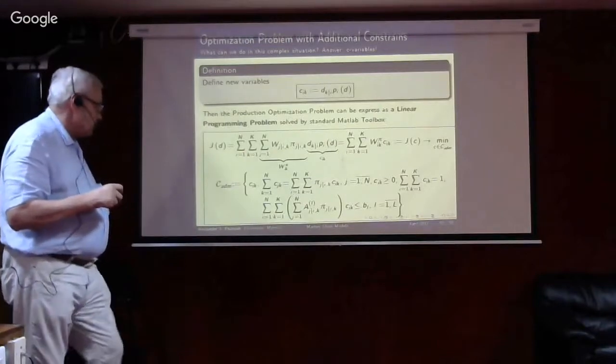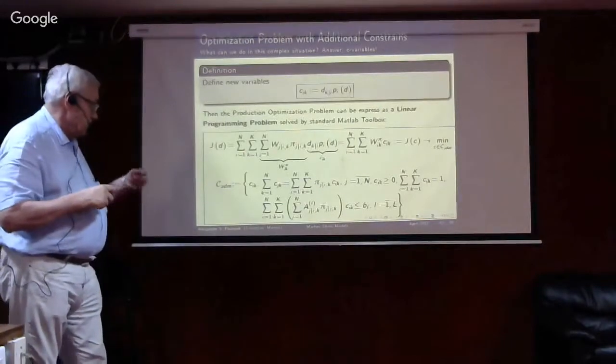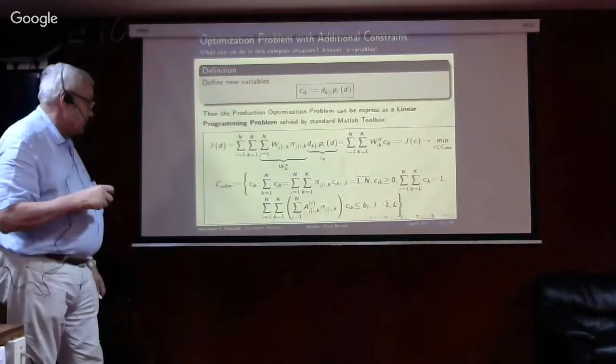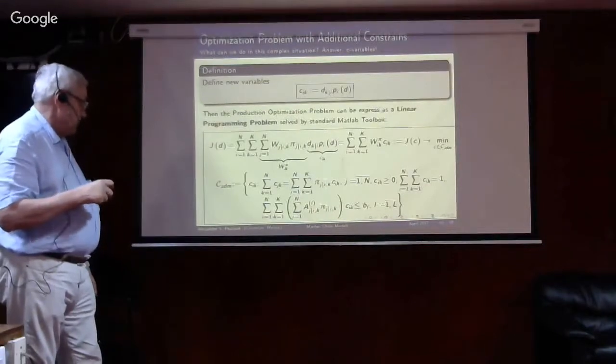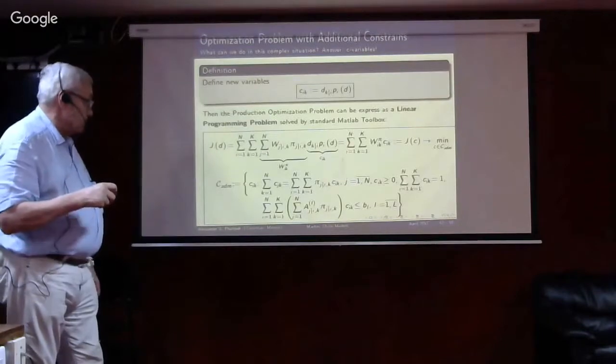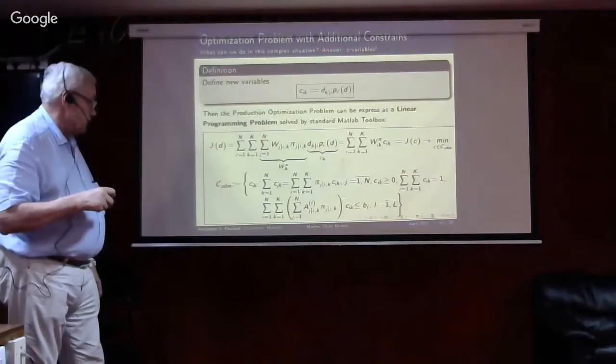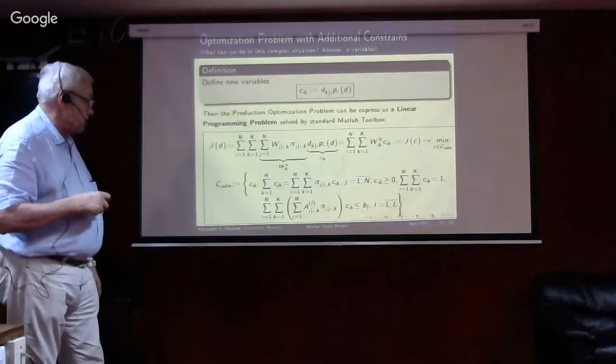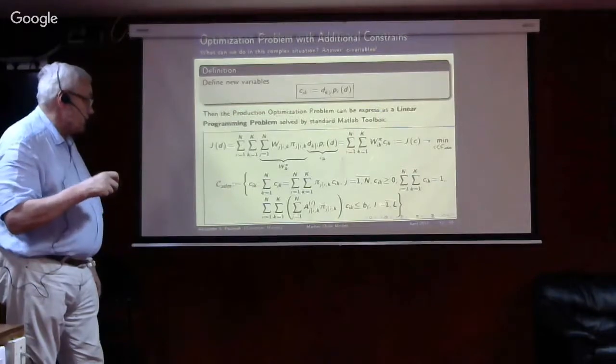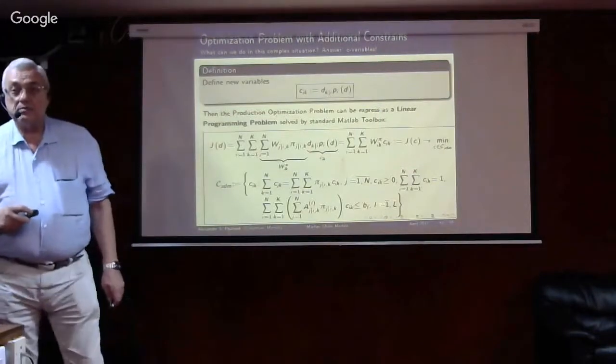My constraints, which relate to the final distribution, can also be rewritten using this definition, like this. The double summation of C equals 1. Financial banking constraints can also be rewritten in terms of C. So look, we have a linear programming problem.